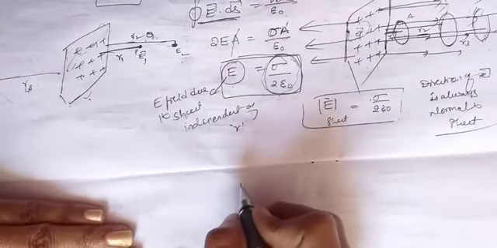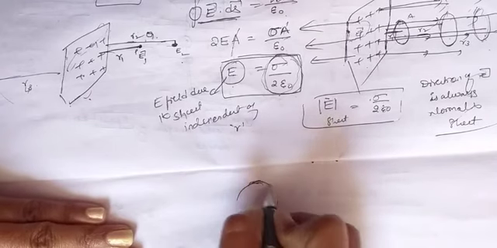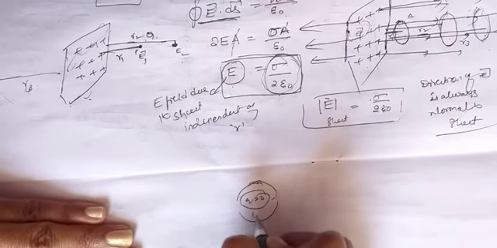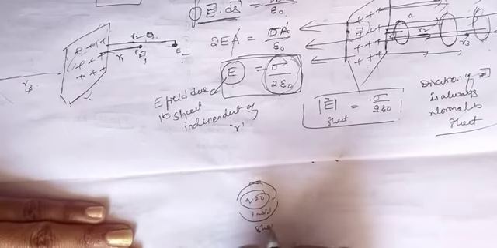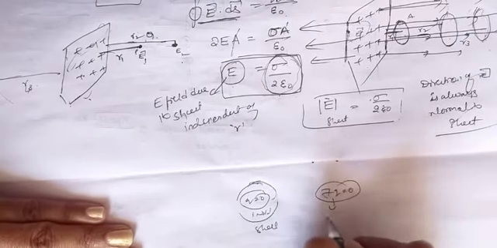For a conducting sphere, there is no charge inside, so that is a shell. If there exists a charge inside, then that is a sphere.